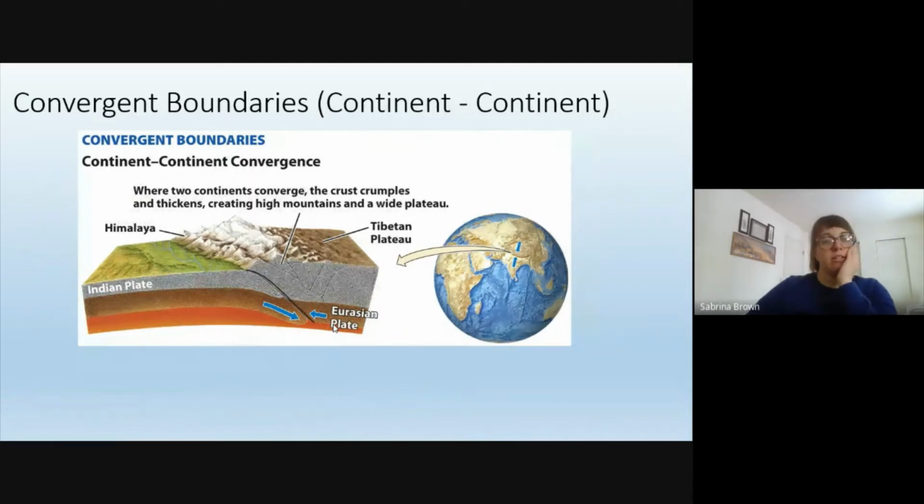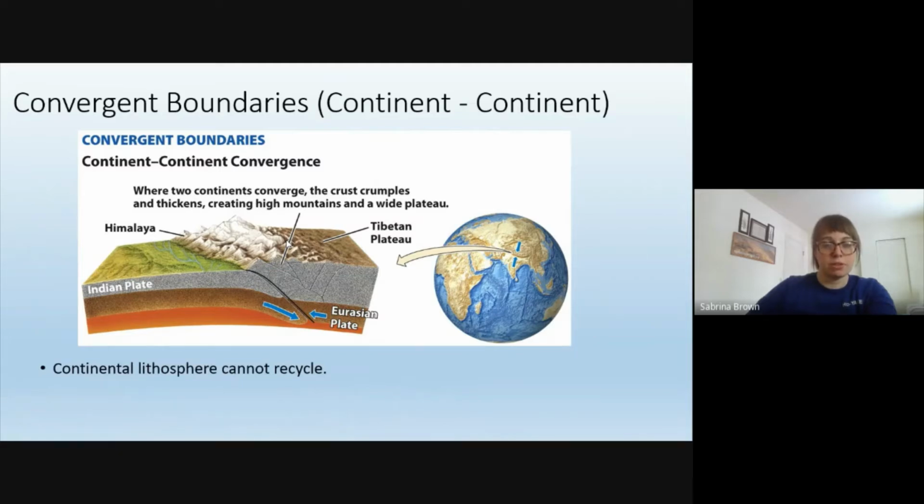And then with continent-continent convergence, again, this is where two continents are converging, as with the Indian plate and the Eurasian plate. Here, right where Asia and India come together. And because of that, we create the Himalayan mountains, right? Because neither one of the plates can subduct, they just run into each other and crinkle up and create tall mountain belts, right?